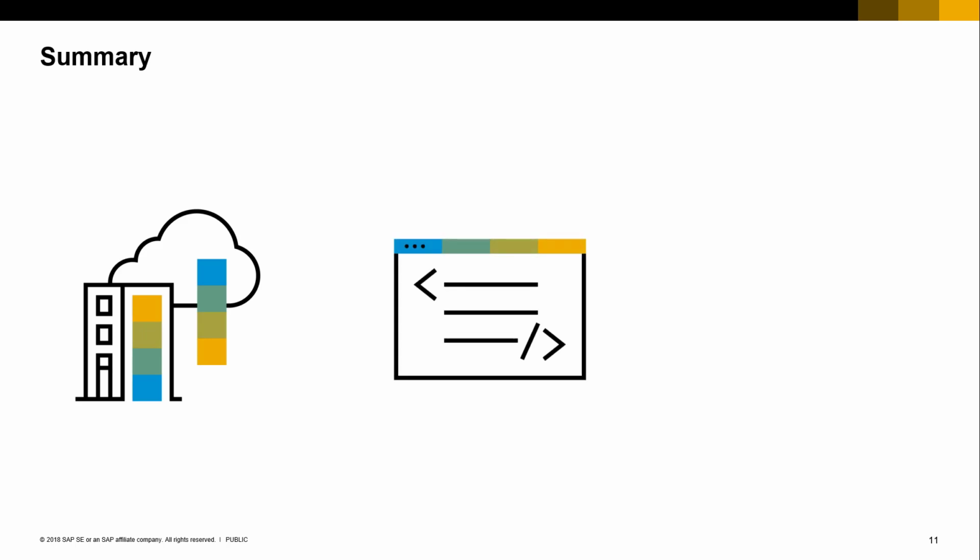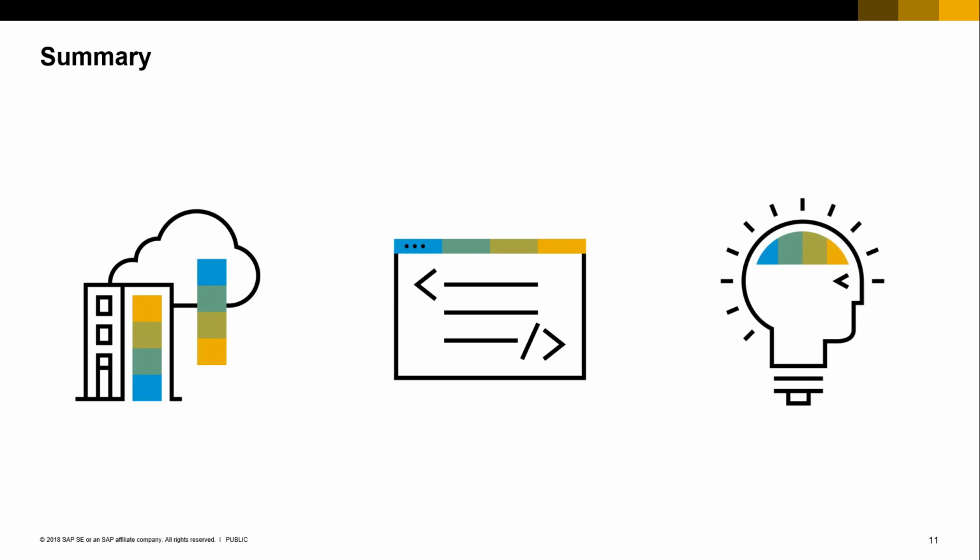I discussed that there are in-app and side-by-side extension options and reviewed some of the factors that can help us choose the best enterprise extension option. And finally, I talked about the technologies that enterprise application developers, formerly known as just ABAP developers, should start using to build out these new types of SAP enterprise extensions.